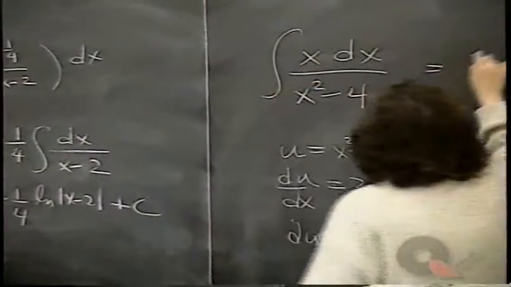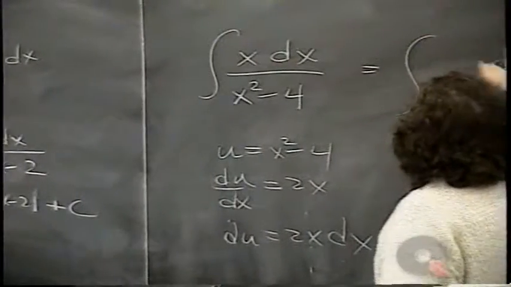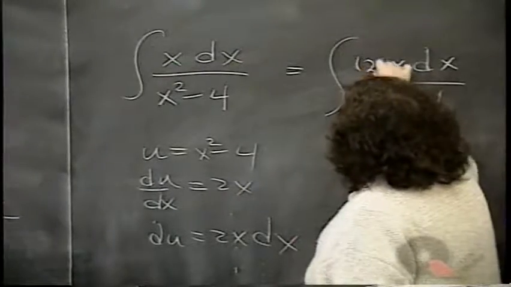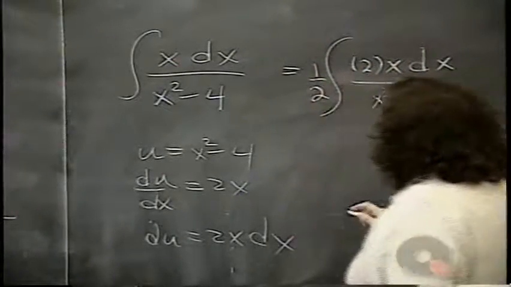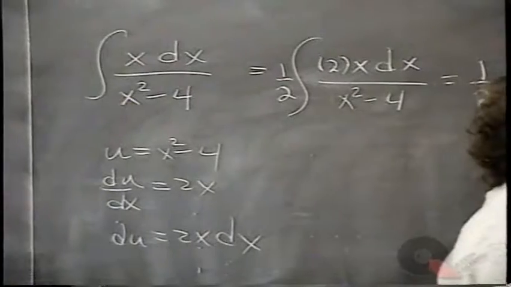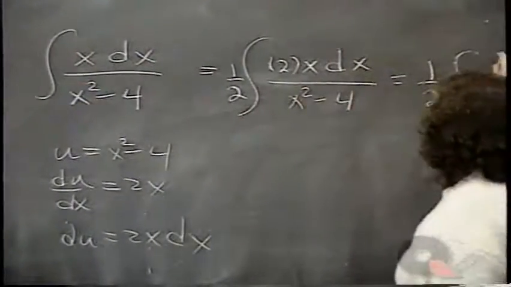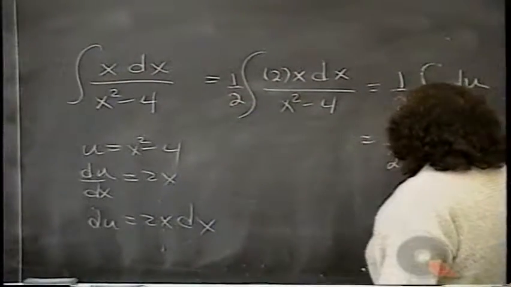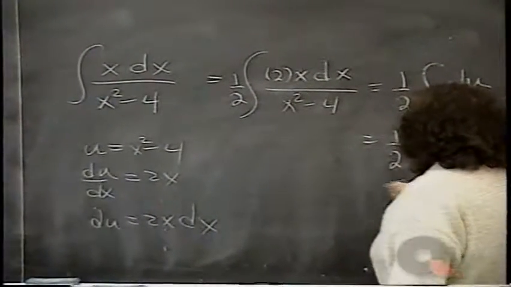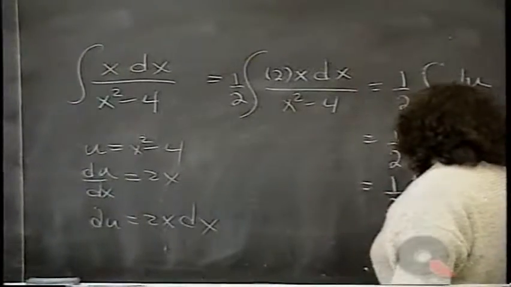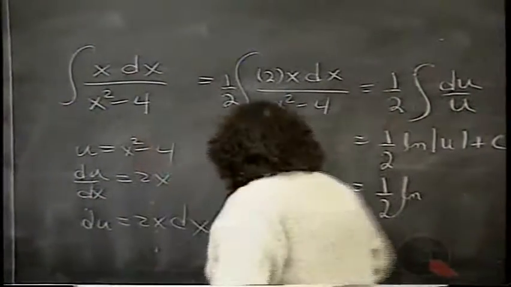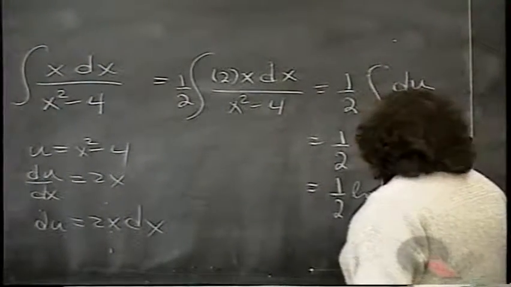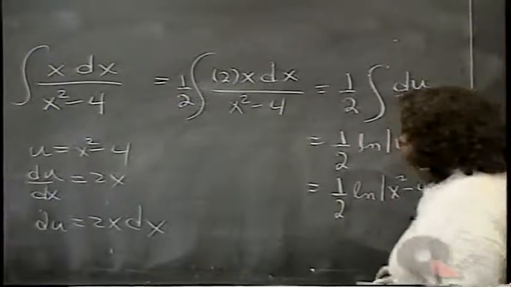If you were to multiply by 2 on the inside here and divide by 2 on the outside, this would become 1/2 the integral of du over u, 1/2 natural log the absolute value of u plus c, 1/2 natural log of the absolute value of x squared minus 4 plus c.